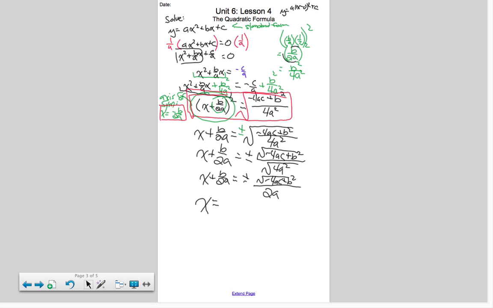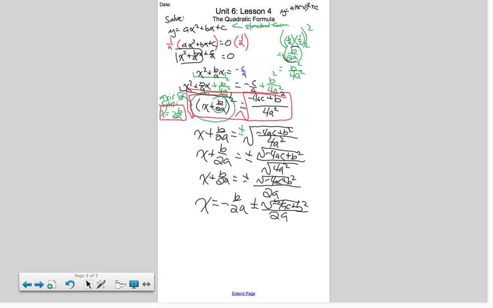So I'm going to subtract b over 2a from both sides. So this is minus b over 2a plus or minus the square root of minus 4ac plus b squared, all over 2a.